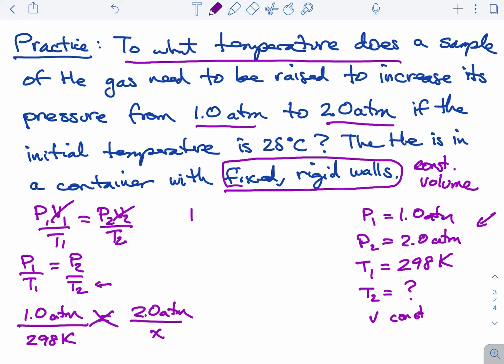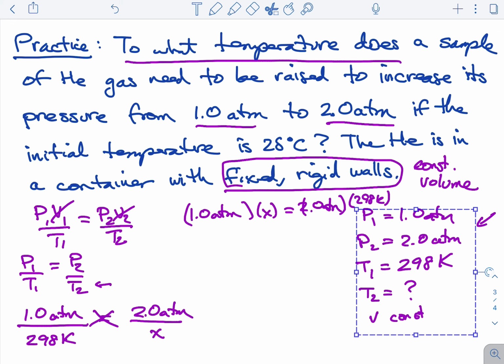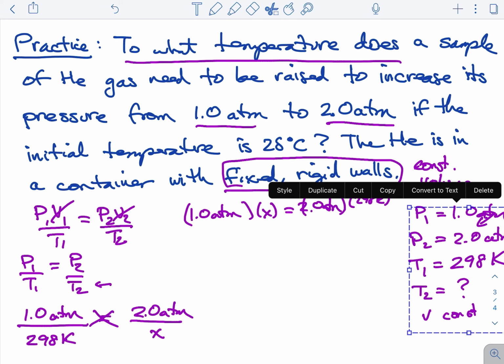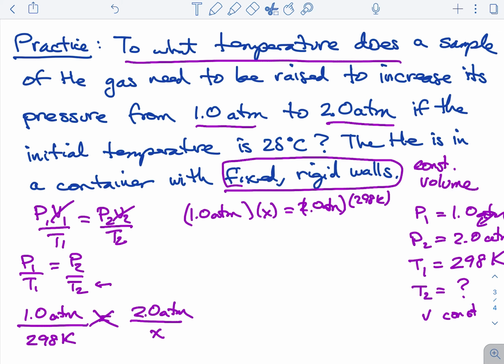So now you have 1.0 atmospheres times X equals 2.0 atmospheres times 298 Kelvin, all right? So now we can divide both sides by 1 atmosphere.